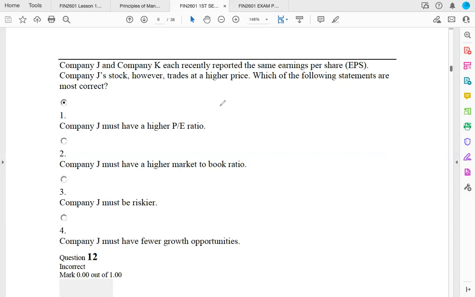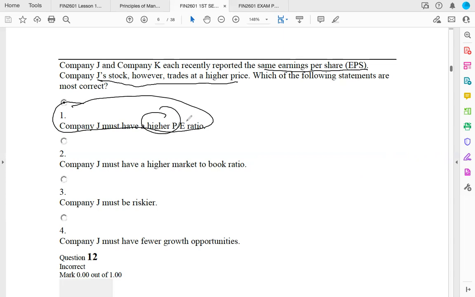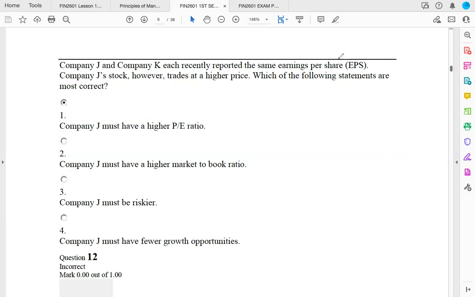So the conclusion we can get is if stock J has a higher price than K, even though both have the same earnings per share, it means that company J must have a higher price to earnings ratio. Investors are prepared to pay a much higher price for the earnings because they believe company J has potential compared to company K. So the correct answer there is option 1.